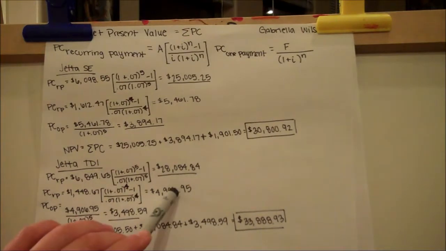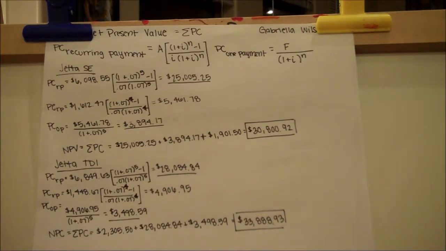Now, this is at the 5th year, so we bring that back to present by using the one payment. So that equation is $4,906.95 divided by (1 + 0.07)^5, which equals $3,498.54.